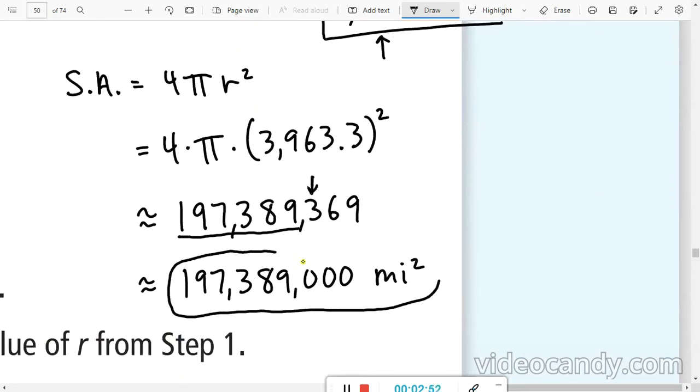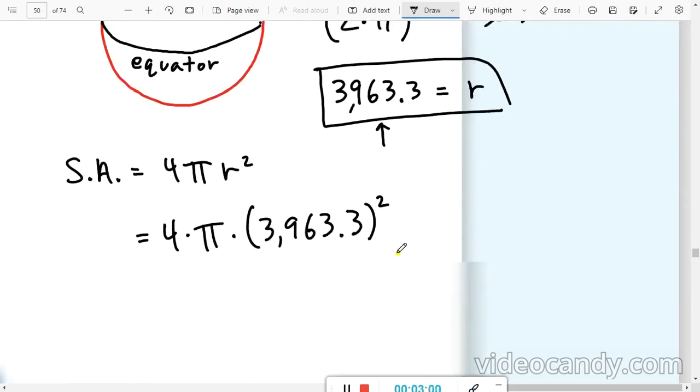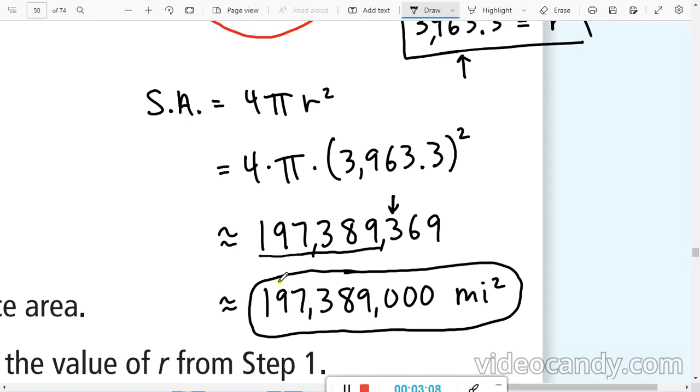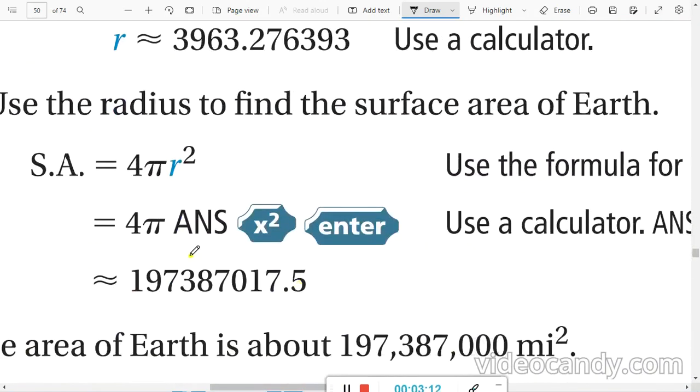All right, so they made it seem like a bad process because of these massive numbers. But really, we just solve for r using the circumference formula, and then we just plug it into the surface area formula. Just real quick, comparing with their answer, they got 197,387,000.